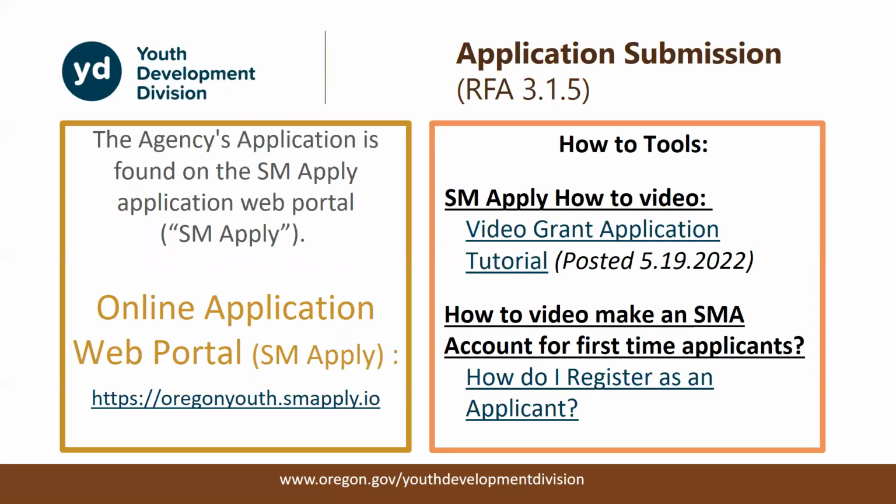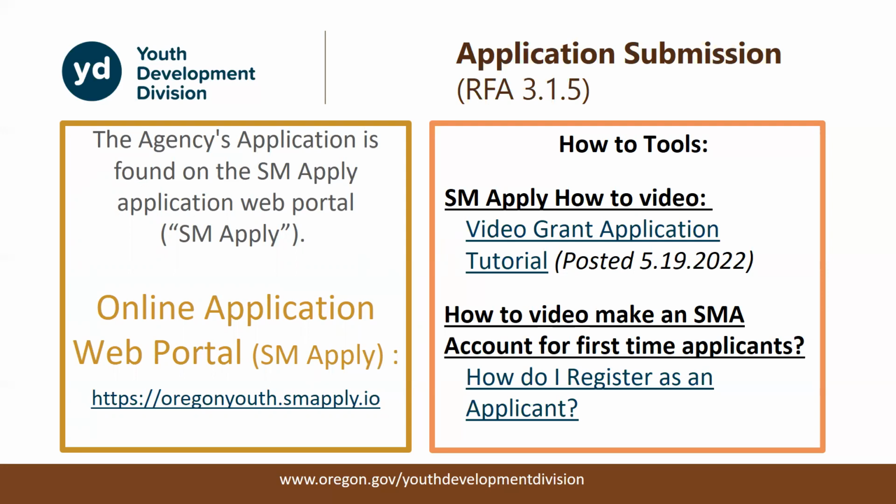You will be applying for the grant through an online application web portal, which is called SurveyMonkey Apply or SM Apply. Please note that we do have a separate video, which is a tutorial about how to walk through the SurveyMonkey Apply web portal, which helps you to navigate various pages in that application.